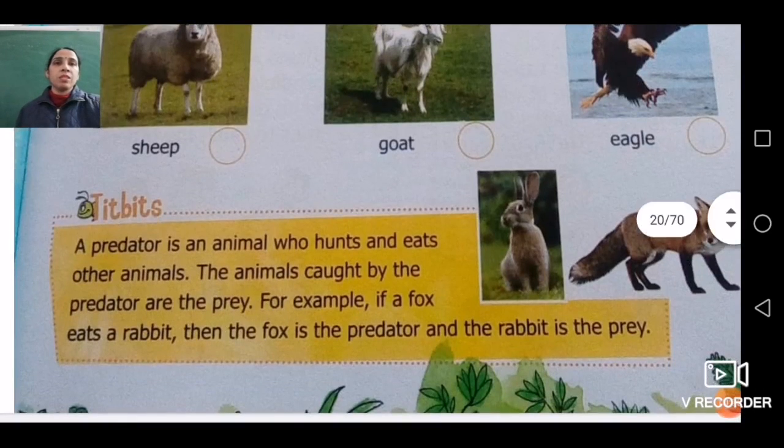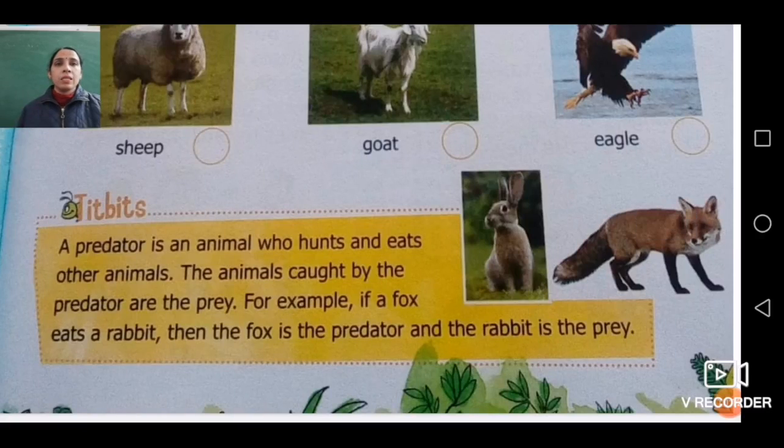In tidbits it is given that a predator, I'm going to tell you about predator and prey. I've told you earlier also, but you will do it again when we are doing revision of that chapter.